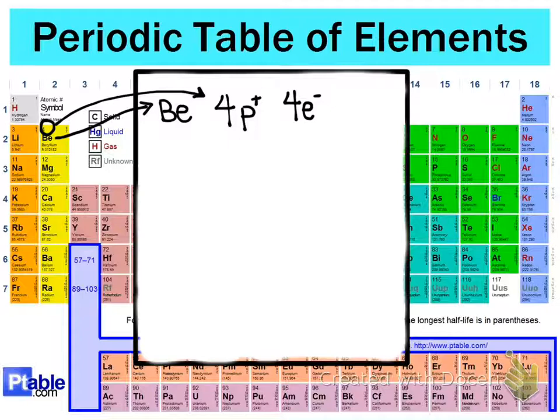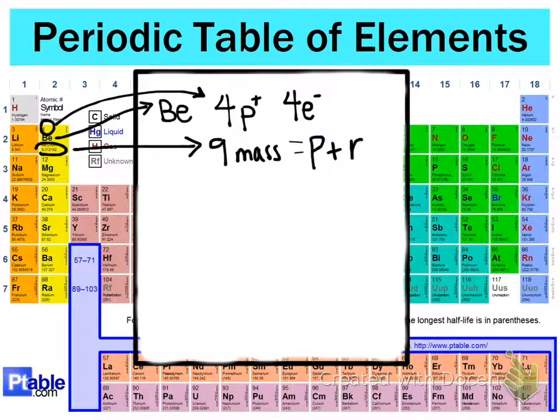And then the number on the bottom, 9, this is your mass, which equals protons plus neutrons. So I know my protons are 4. I don't know my neutrons, but I know it equals 9. So my number of neutrons has to be 5.